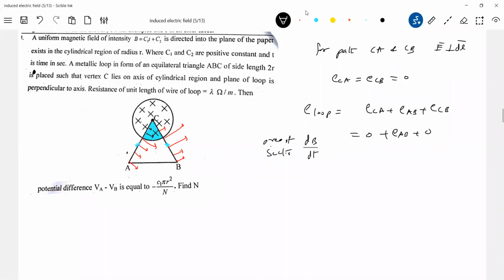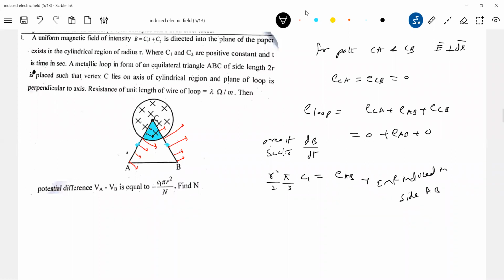Area of sector will be r square by 2 times pi by 3, into C1. This should be equal to E_AB. So this is the EMF induced in the loop. He didn't ask that. This is the EMF induced in the side.